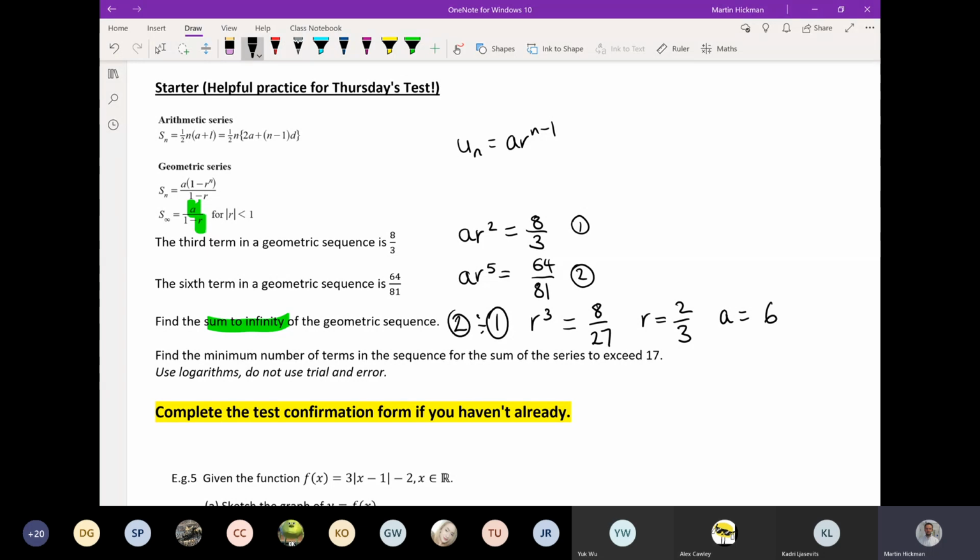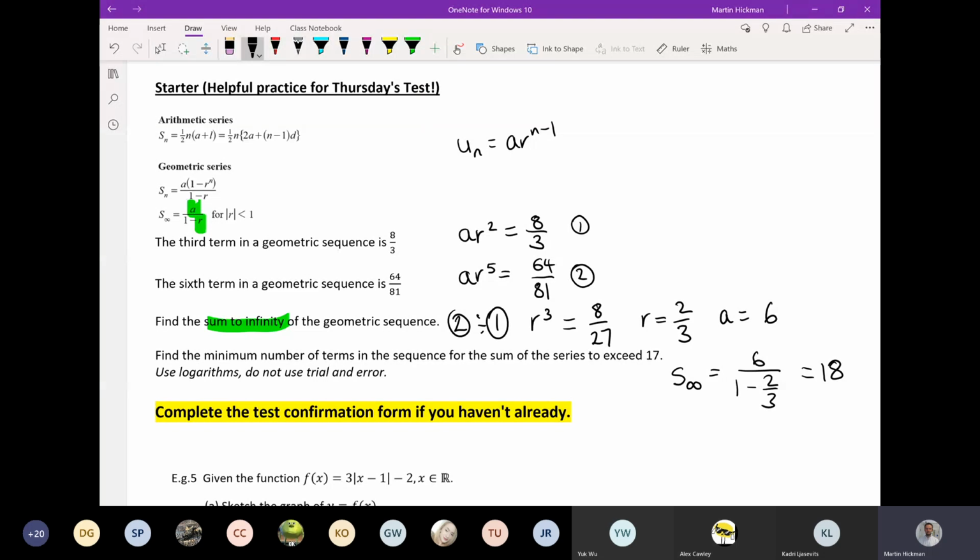To find the sum to infinity, we just use the formula a over 1 minus r. So we do 6 over 1 minus 2/3, and that would just be 18. Just to recap, a is the first term in a geometric sequence, and r is the common ratio, not the common difference.